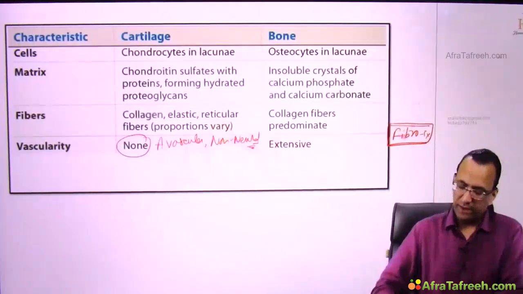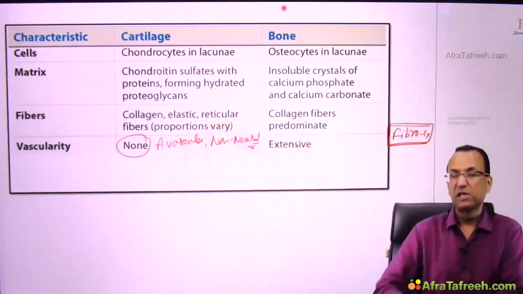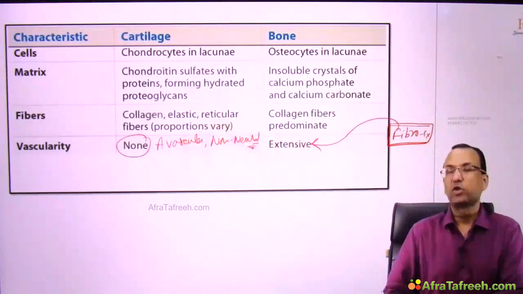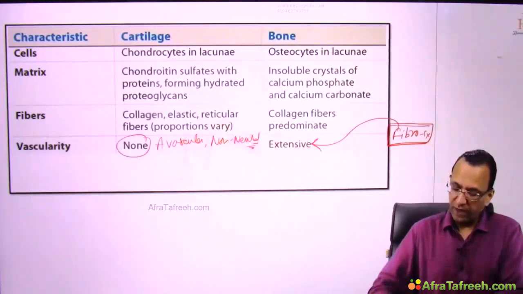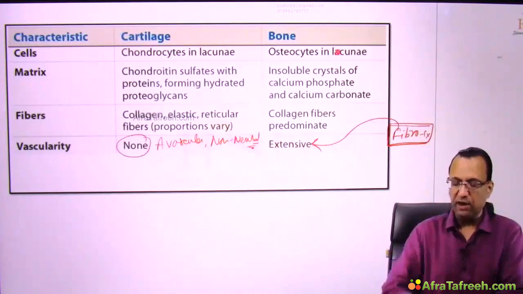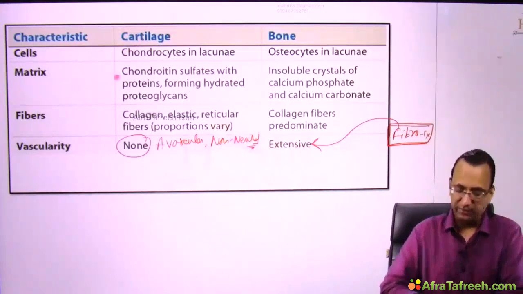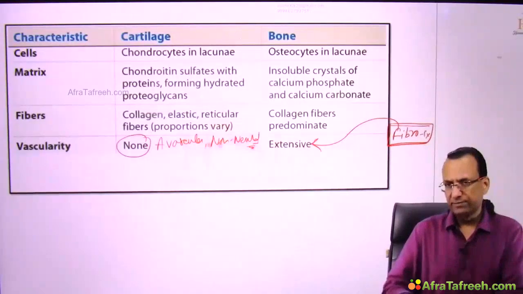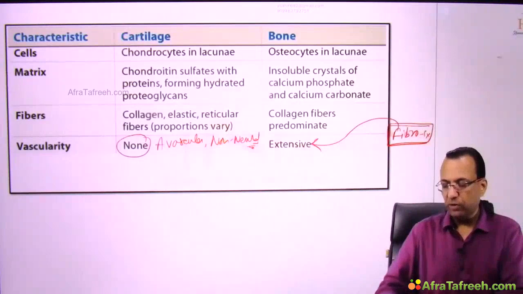Because fibrocartilage has features of bone. It means it has vascularity and it has a neurovascular bundle also. So fibrocartilage is atypical cartilage and it is not behaving like the regular cartilage. Regular cartilage is avascular and has no neural innervation inside, but fibrocartilage has nerves and blood vessels like bone.